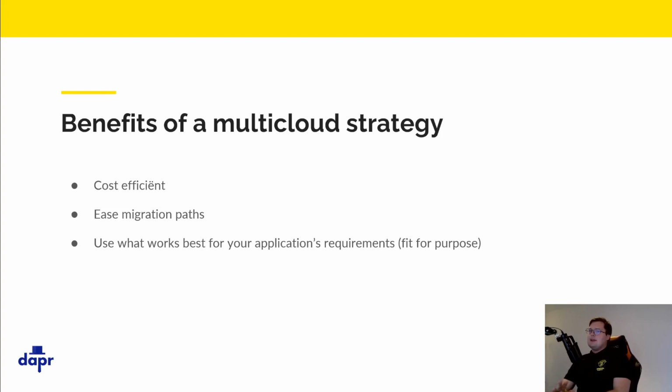It will ease migration paths if you have dependencies on a certain service from a certain provider, and you'll prevent vendor lock-in. And you can use the best service that fits your application's requirements, regardless of which cloud it is available in, which will in the end also make your development teams a lot happier because they can use the service that they want and that is best for their solution.